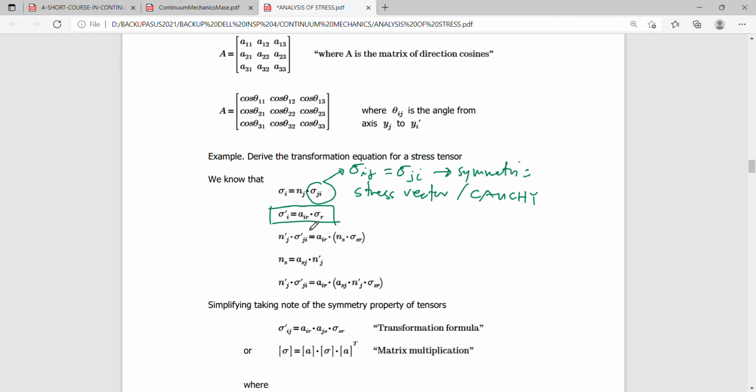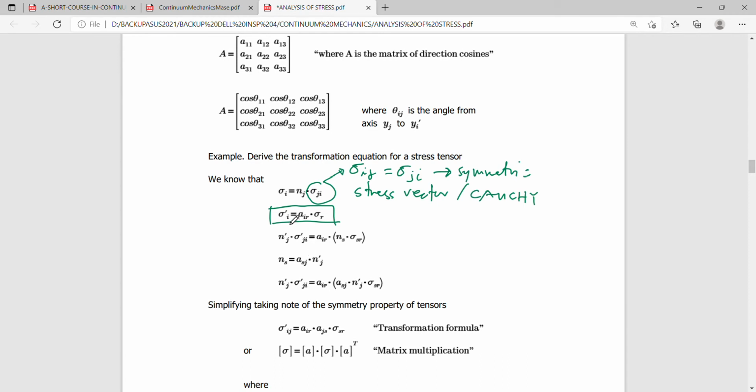Knowing that these two are contributory to the formulation of the transformation equation, if I now substitute the value of the stress vector nj sigma ji to the prime axis by simply putting a prime symbol here, it just becomes n prime j dot sigma prime ji.